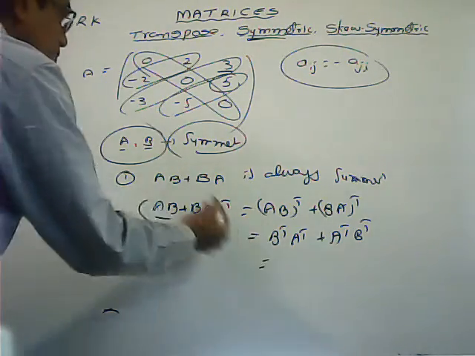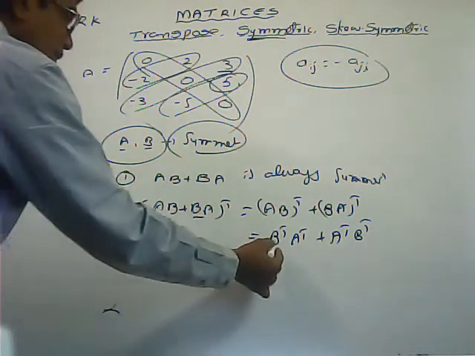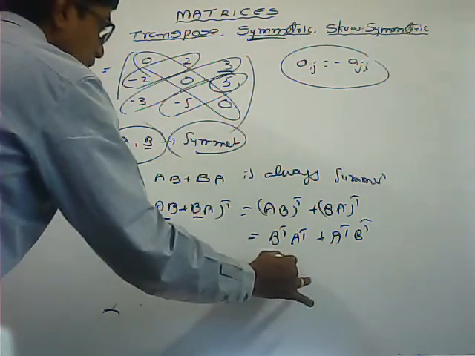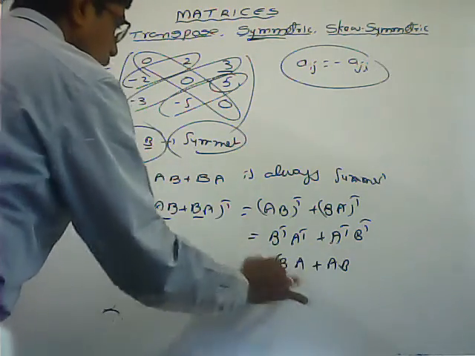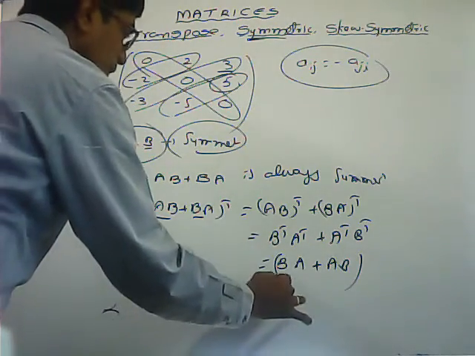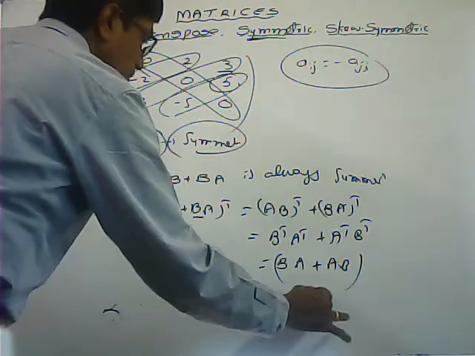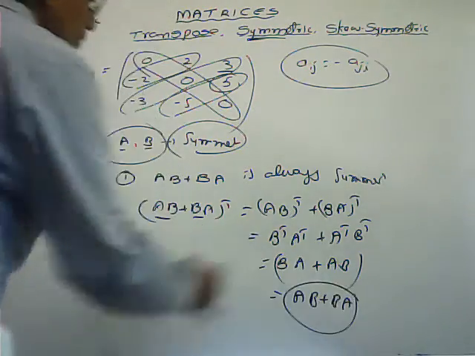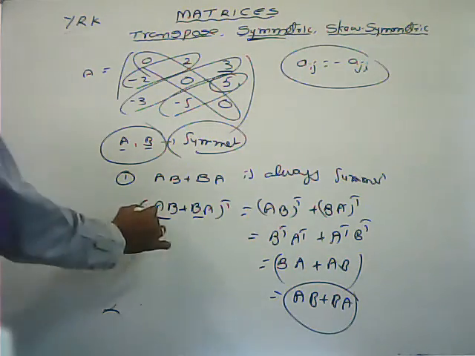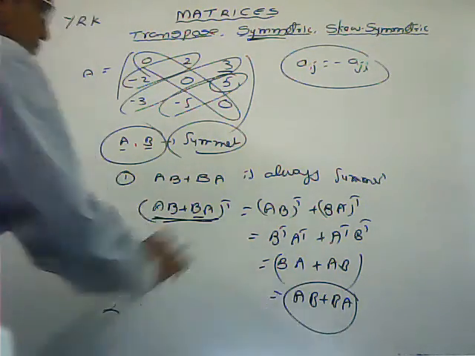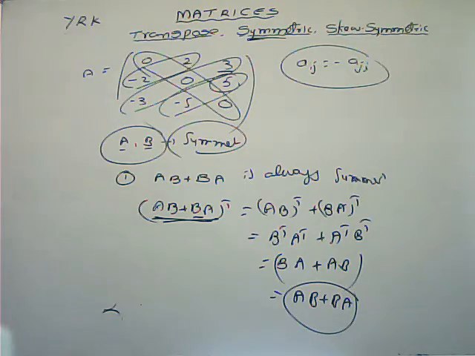Now A comma B both are symmetric matrices, so B transpose equals B, A transpose equals A, plus A into B. So this one we can write as AB plus BA also. A plus B is equal to B plus A, addition of matrices is commutative. Now the transpose of the matrix, we got the same matrix only. So here AB plus BA is said to be a symmetric matrix.